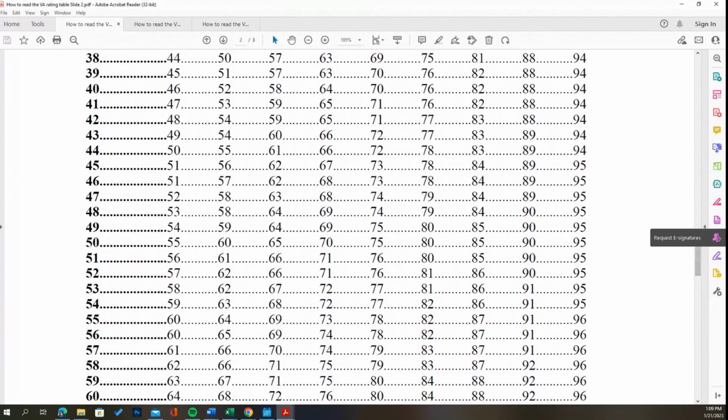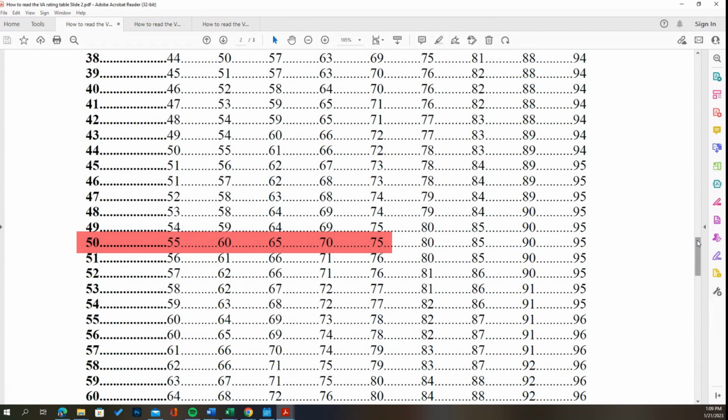Okay, right here. So look over to the left side and you see 50%. Now we want to find sleep apnea at 50%. You're not going to see the actual names of the conditions on here. It's just the numbers. So left side, you see the 50%. We count over.